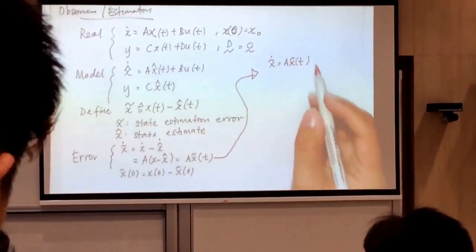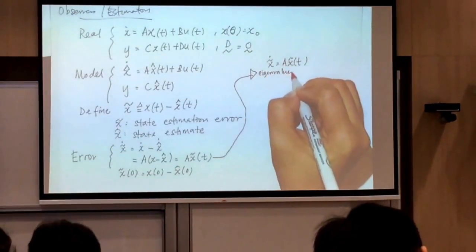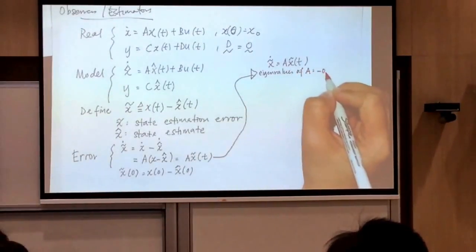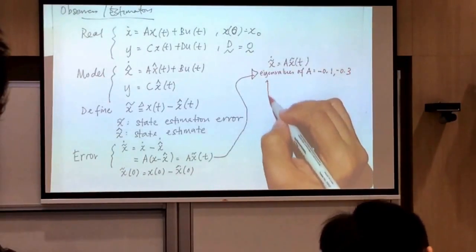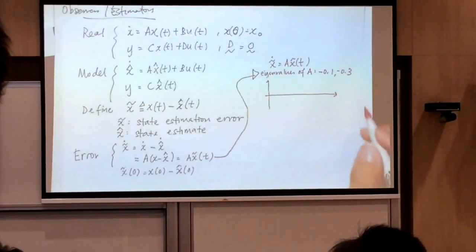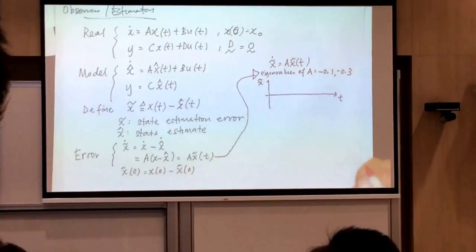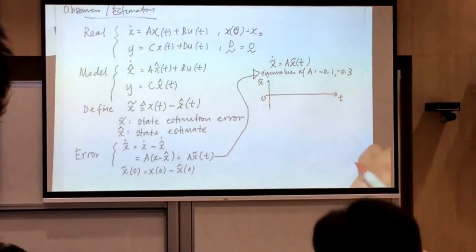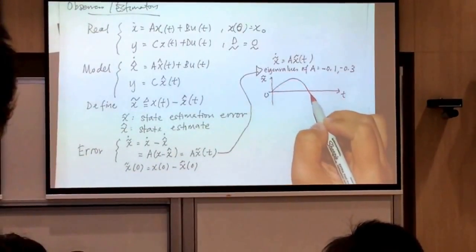For example, if the eigenvalues of A are minus 0.1 and minus 0.3, very small, what do you expect x tilde to look like with time t? It will decay to 0 very, very slowly.